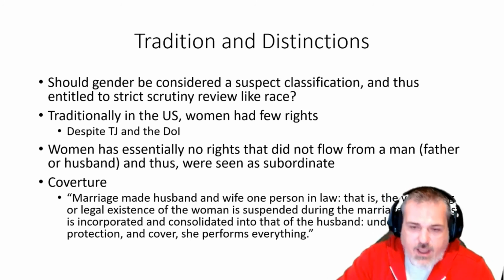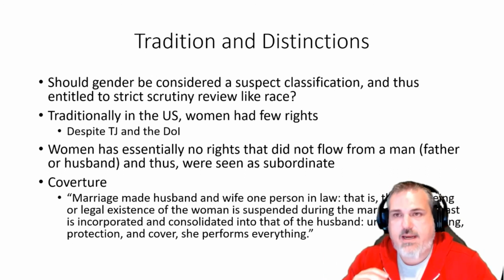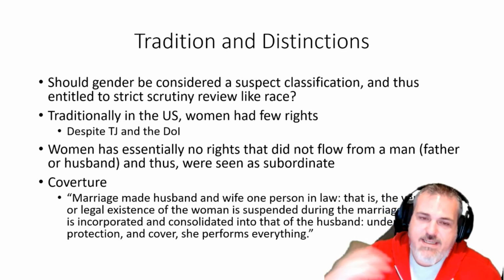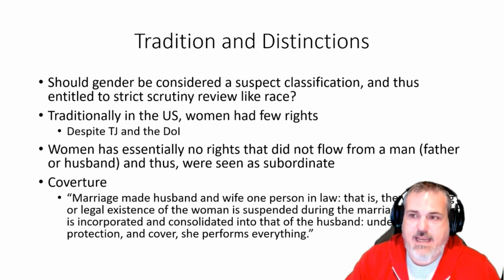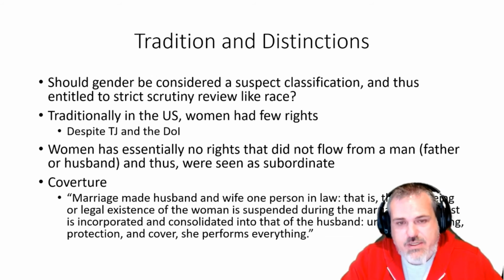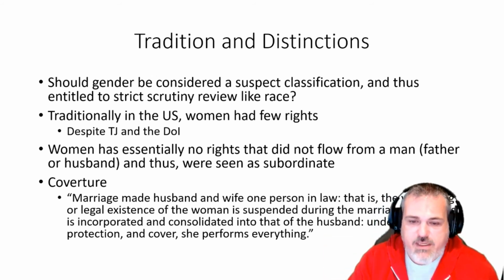And that was because a thing that had fallen out of fashion in English common law, this idea of coverture, was adopted by the new United States and basically written into law traditionally, as in they followed it, and sometimes codified very explicitly in the law.